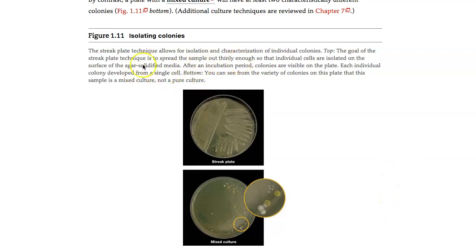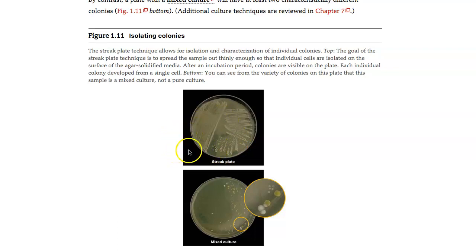Now, this is called a streak plate, and you'll be studying this in the lab as well, where you take a more concentrated glob of bacteria, and you spread it out on a dish, and then you flame the needle, and then you put it back in and continue just taking a tiny bit from the first section, spreading it out again, then flaming it and taking another tiny section, and you continue to do that to generate essentially a serial dilution.